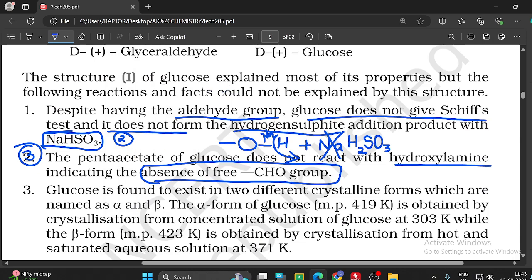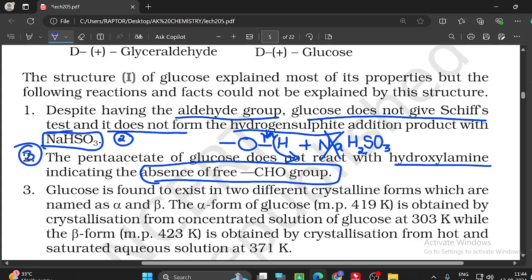Okay. Listen. So the question is, give evidence for the cyclic structure of glucose. The answer is, it does not reduce or give Schiff's test. It's not answering the Schiff test.